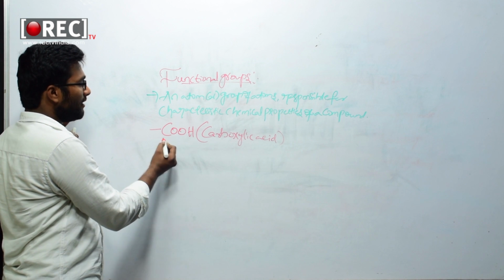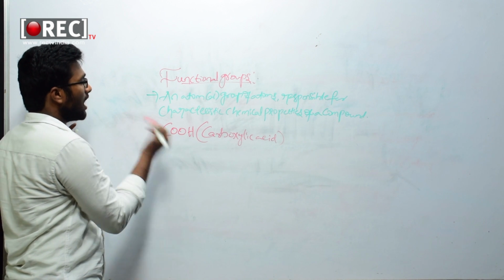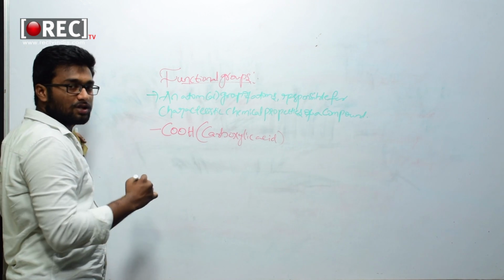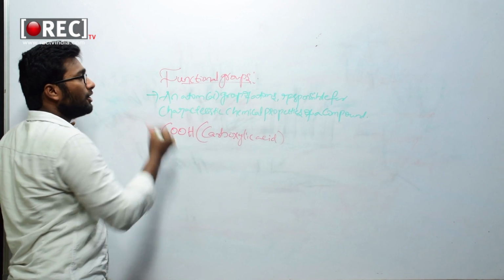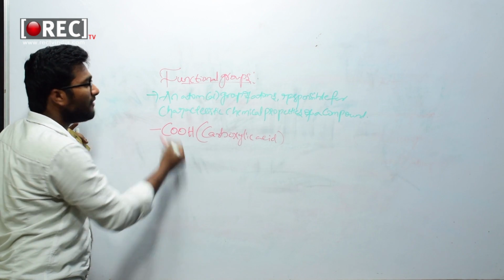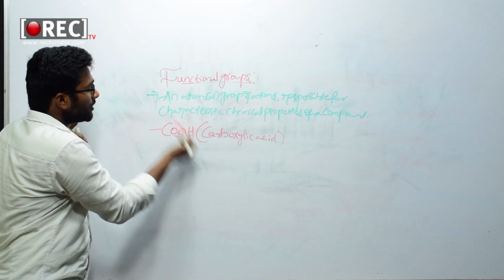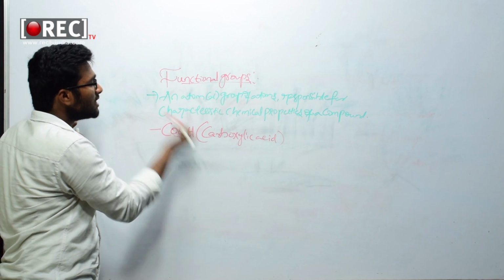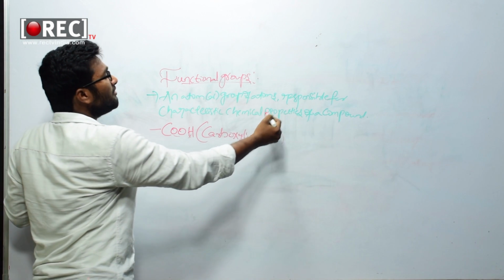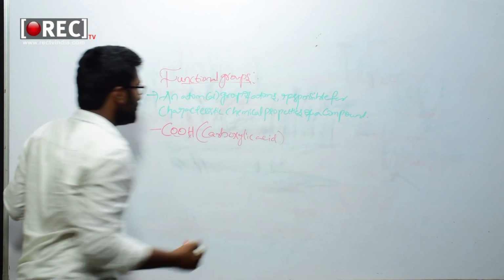In this group we have carbon, 2 oxygens and hydrogen. What we have said is an atom or a group of atoms. This is a group of atoms of carbon, 2 oxygens and 1 hydrogen, which is responsible for characteristic chemical properties of a compound.